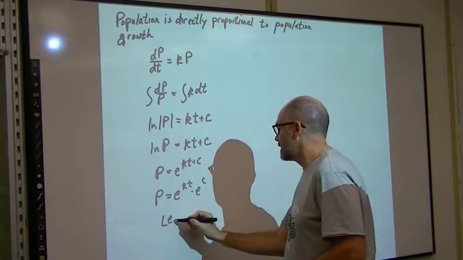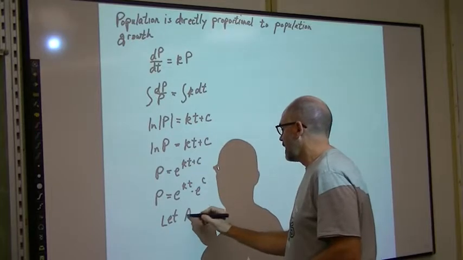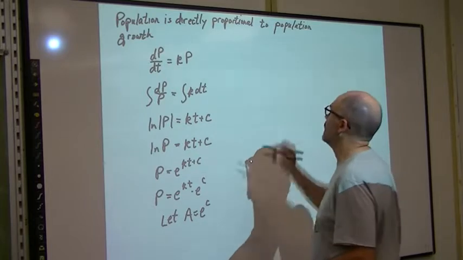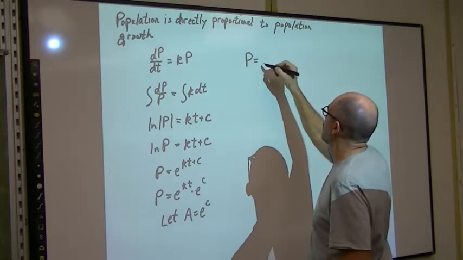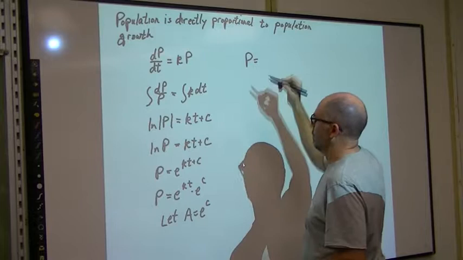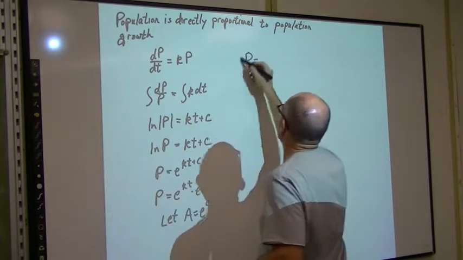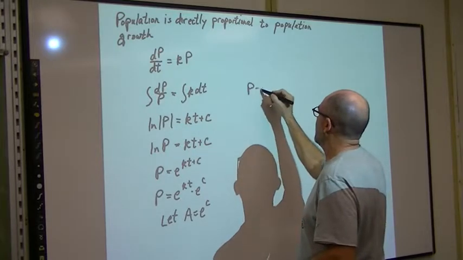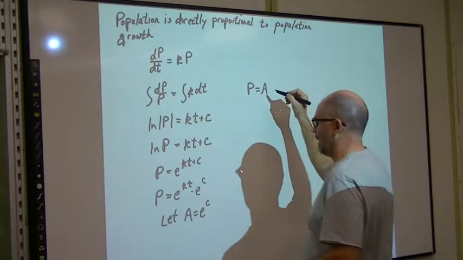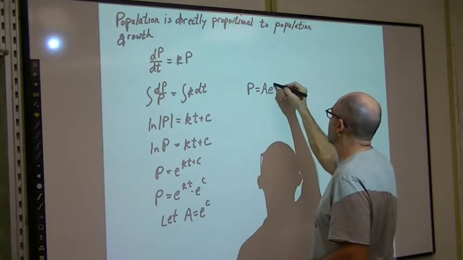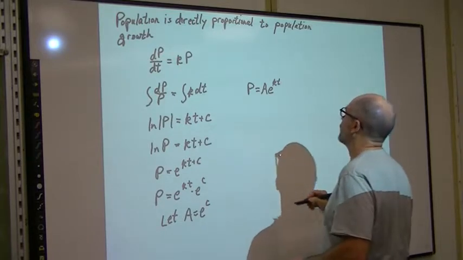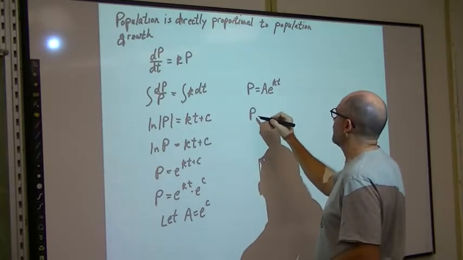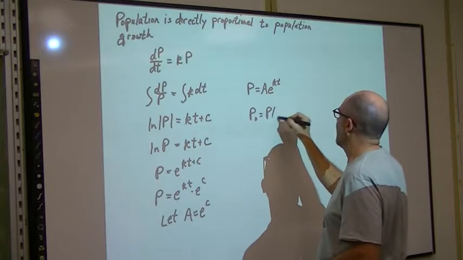And then we're going to go P equals e to the kt times e to the C. And then we're going to let A equal e to the C. Okay, so that means we've got P equals A e to the kt. All right, so now what we do is we say P sub 0 equals P at time 0.